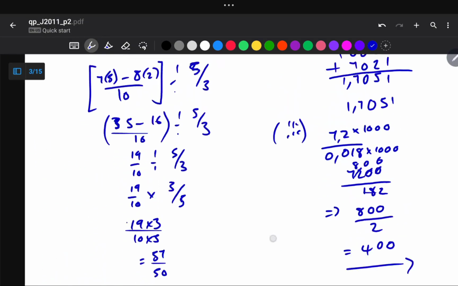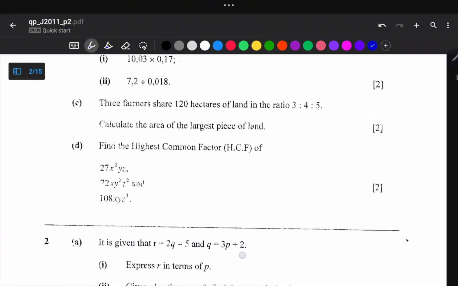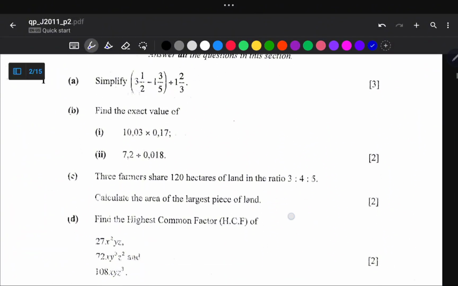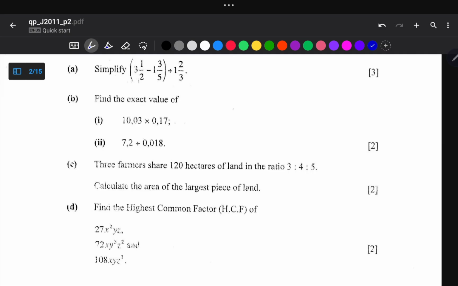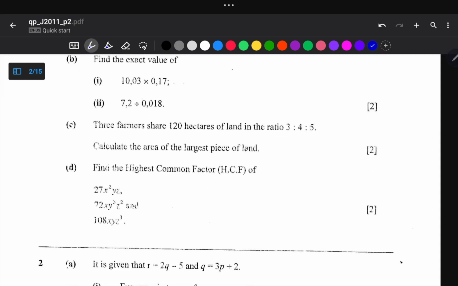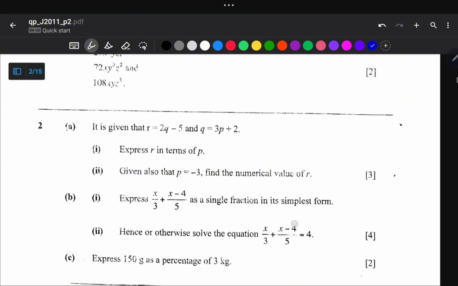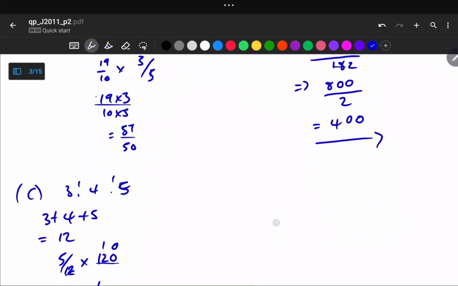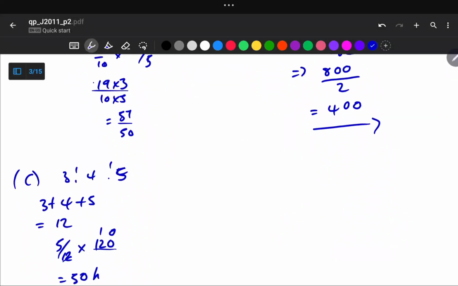And then the next part, part D of the question, number 1, says find the highest common factor of 27x squared yz, 72xy cubed z squared, and 108xy cubed. So we are required to find the highest common factor.